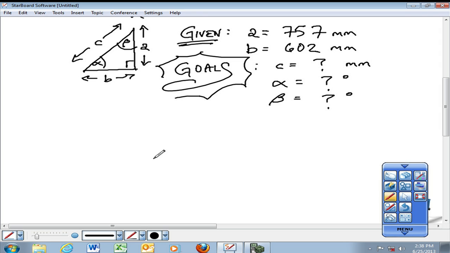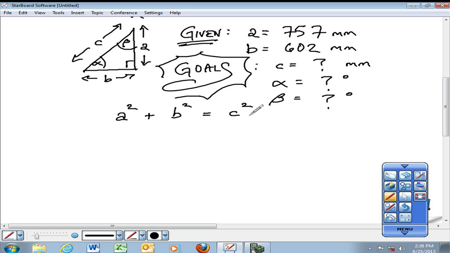Your choice, whatever you want to start with, but there's something else we know: if you take A, the length of this side, and square it, and add it to B, the length of this other side, squared, you're going to end up with C squared. Does anybody remember what theorem this is? Pythagorean theorem. Again, a little review from our angles and triangles.